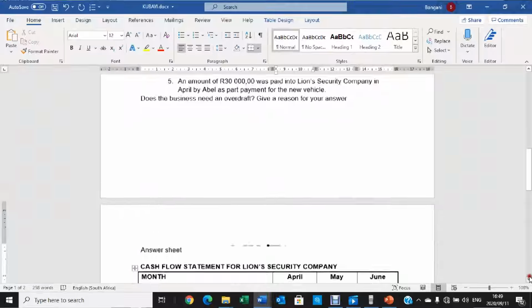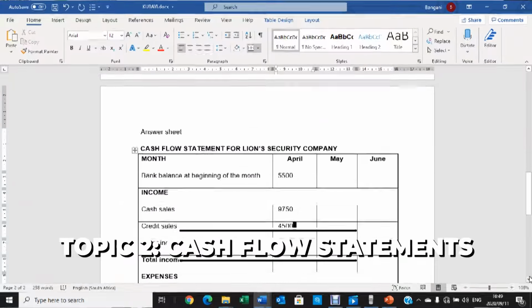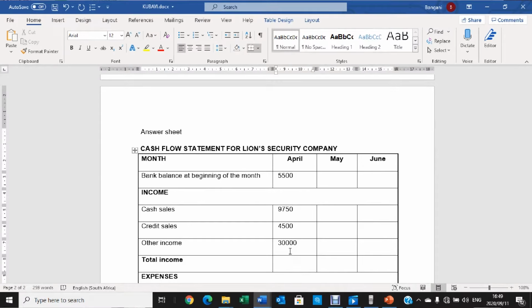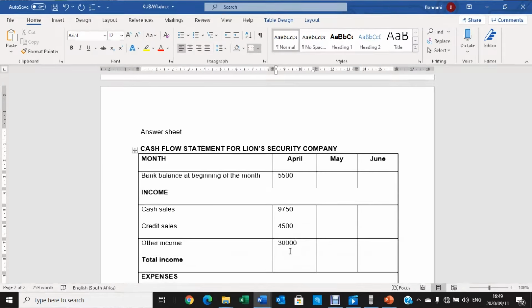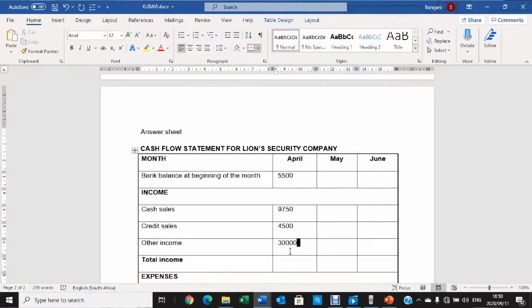Then we go back to our cash flow statement. Under other income, then we record 30,000 as other income. Then our 30,000, it is there. And then how do we calculate the total income? The total income, we are going to calculate it as follows.